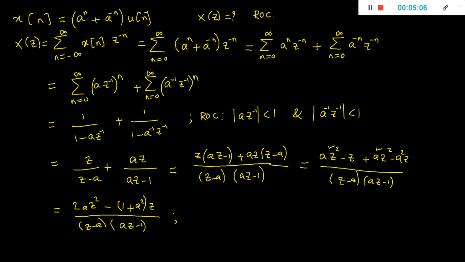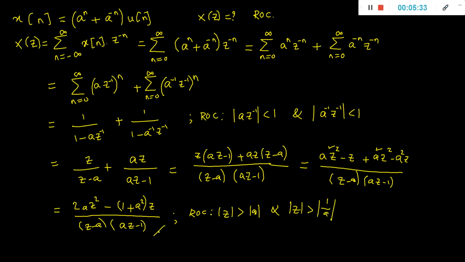When it comes to ROC, from the first term you can see here that this is a z inverse less than 1, which implies mod of z greater than mod of a. And from this example, we have mod of z greater than mod of 1 by a.